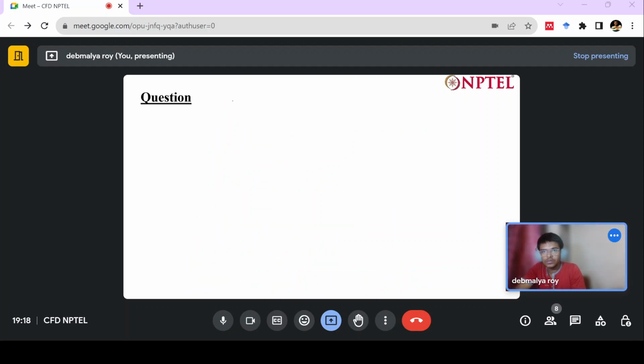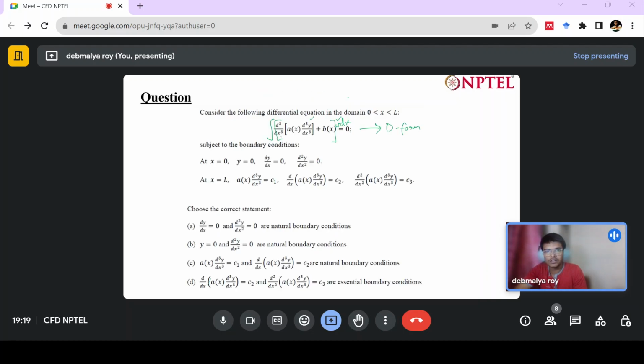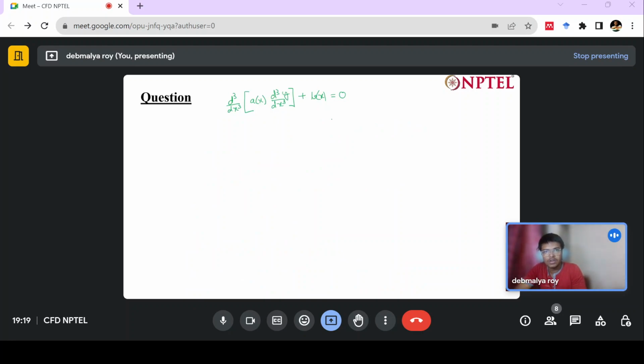So we have d/dx of the cube term, right? This is our equation. So now, as promised, we will integrate this over the whole domain, with w.